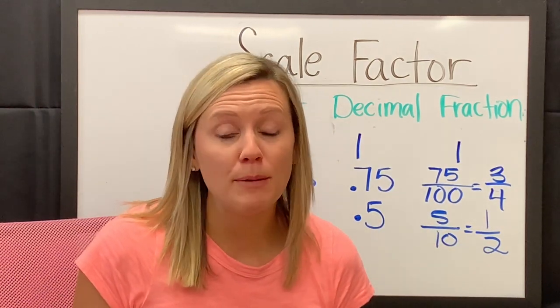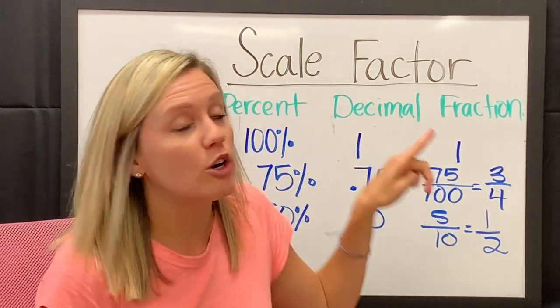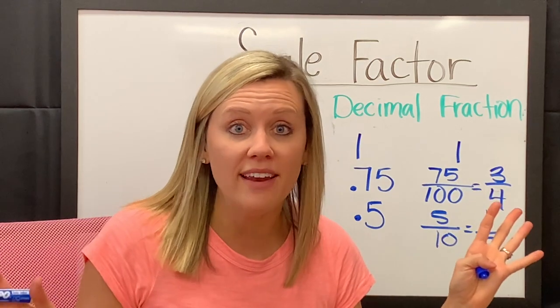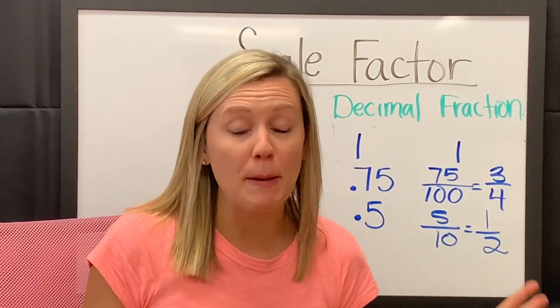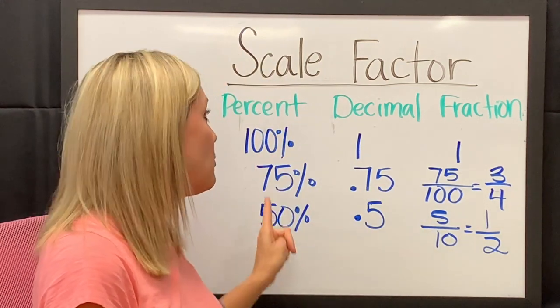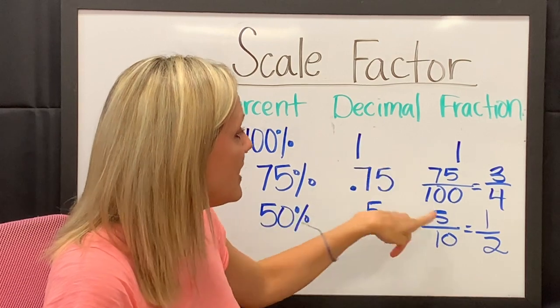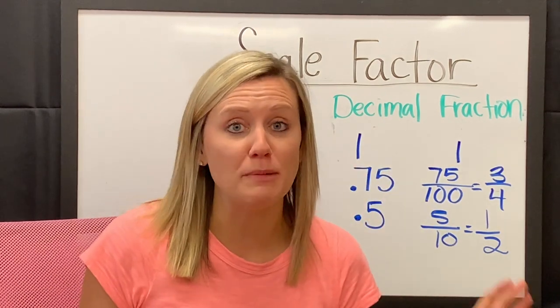If we have a percentage that is larger than 100%, or a decimal or a fraction that is greater than 1, that is going to make your shape bigger. And lastly, if we have a percent that is less than 100, like these two, or a number that's less than 1, like these two, that is going to make the shape smaller.